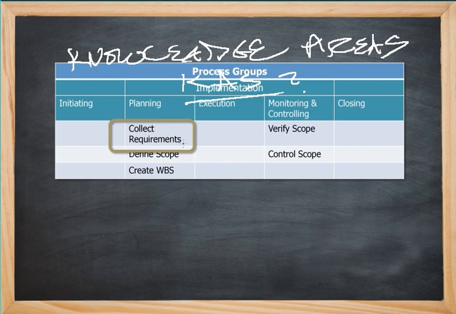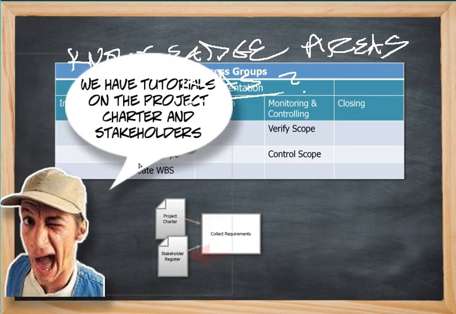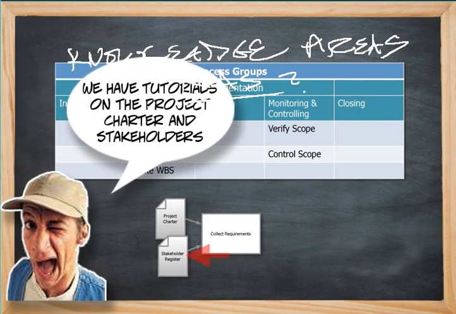So you can see here that this is the process that we are talking about. With each of these processes, there's of course inputs, tools and techniques, and outputs. So let's talk about the inputs. There's two fundamental ones. There's the project charter, and then there's the stakeholder register. Those go into the collect requirements process.